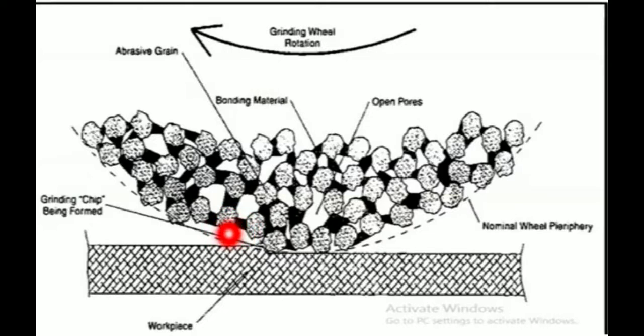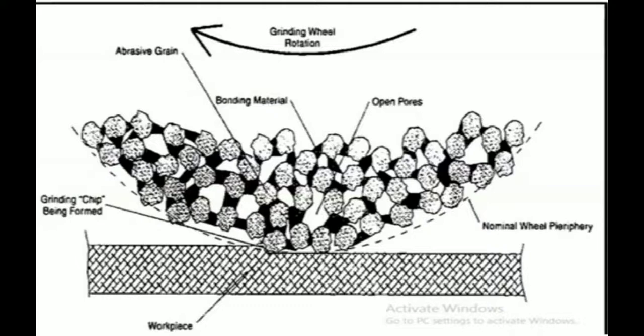In the space provided between the two abrasive particles, the material removed from the work is continuously fed into the space between the two particles. This feeding of removed material between the two abrasive particles is nothing but the loading of the particles.